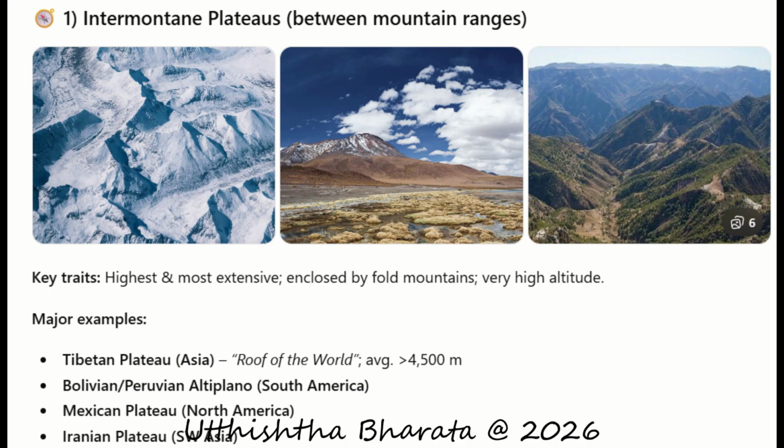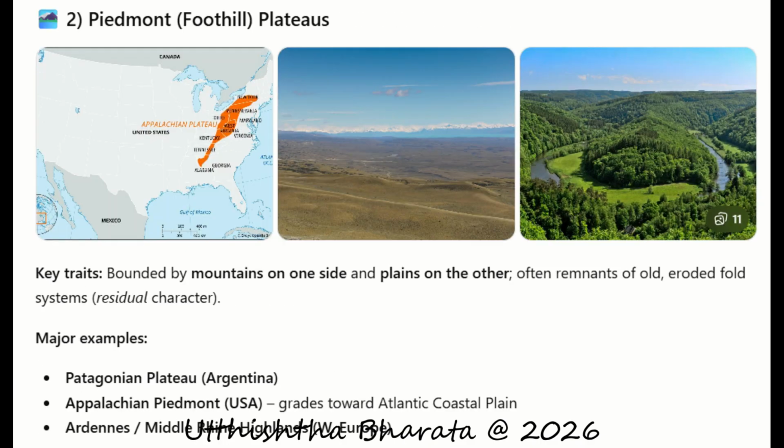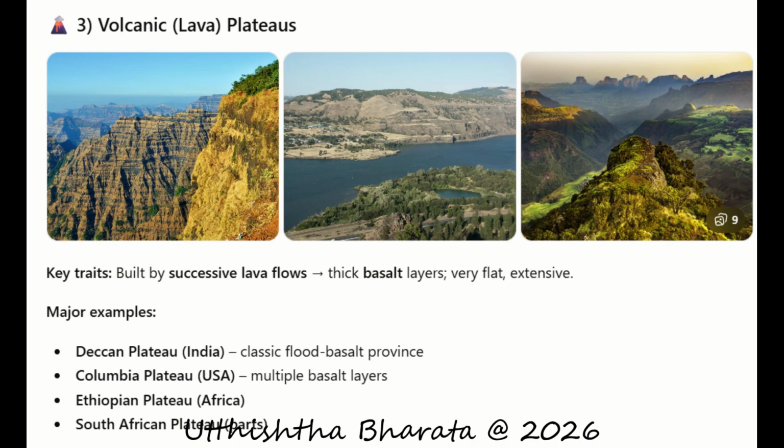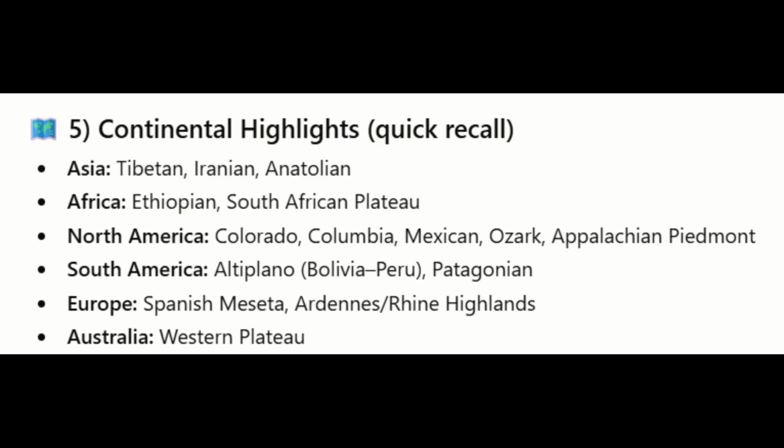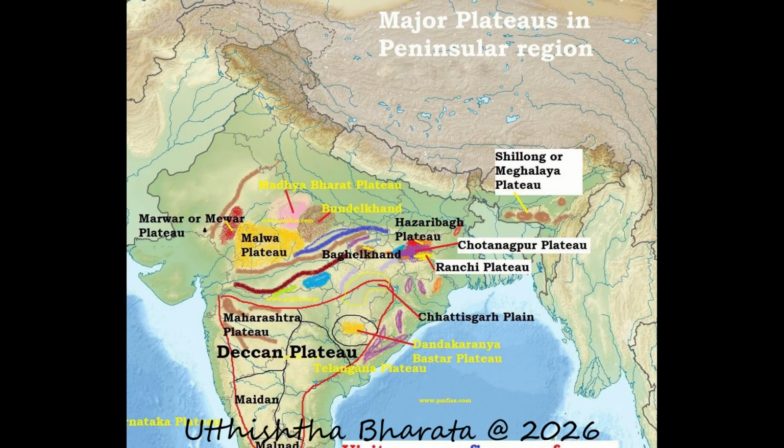The northwestern Deccan region is a complete example of a lava plateau, a very strong example of lava plateau. There are other examples: the South African Plateau, the Colombian Plateau, the Ethiopian Plateau. They are all references of strong volcanic plateaus.